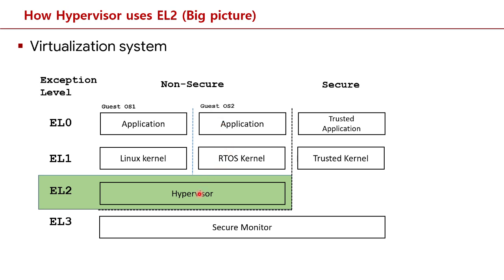In this case, the hypervisor doesn't have to allocate the virtual CPU to guest OS 2. For this reason, the hypervisor should monitor the workload of each guest OS. For this reason, access to the system registers suffixed with EL1 should be allowed at exception level 2.